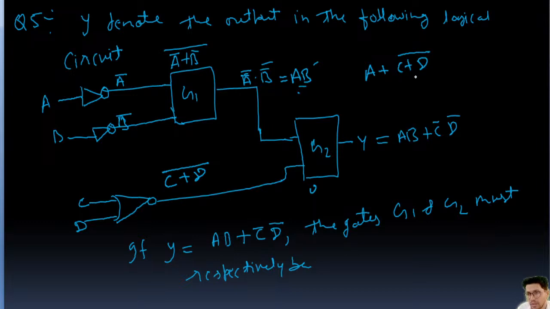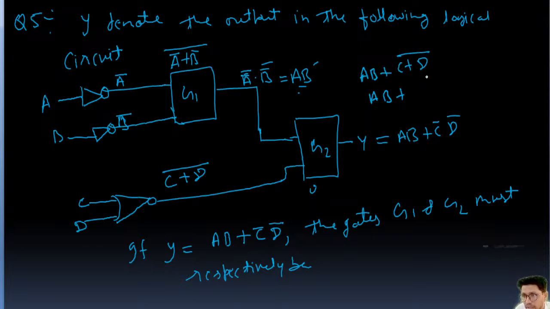So what we'll do is simplify this further. AB plus the bar, so we know how to break it. For breaking the bar, we break the bar and the sign will change, right?